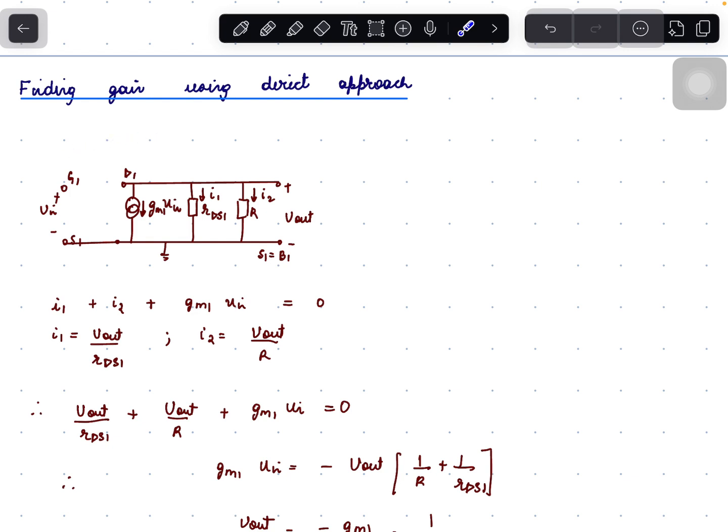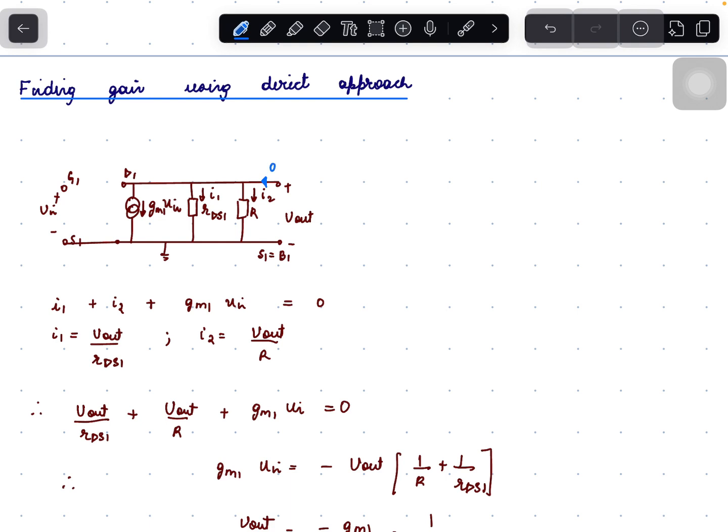That is, in the small signal model, by applying KCL at node D1, we can say that current, that is gm1 times Vin, plus I1, that is current through RDS1, plus I2, that is current through R, equals 0. Here Iout is equal to 0, which means this current will be equal to 0.